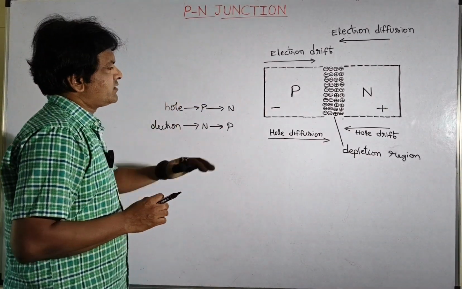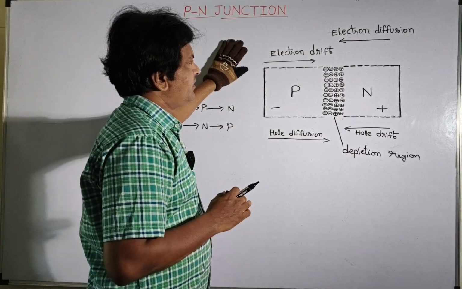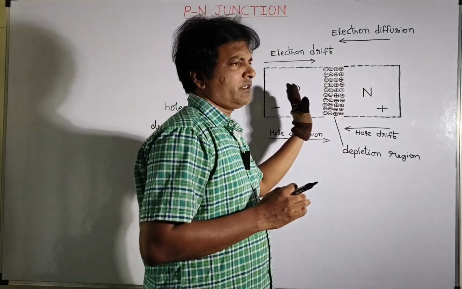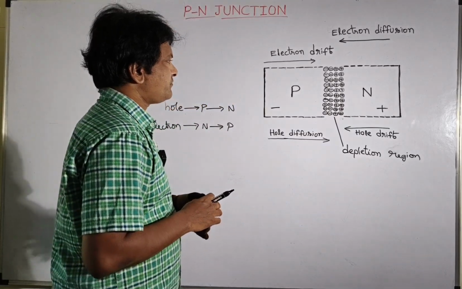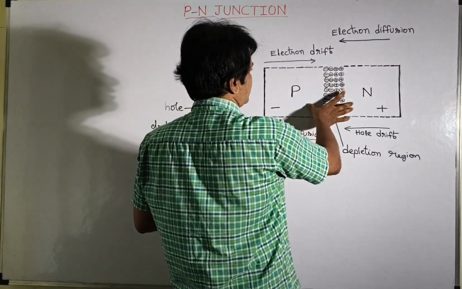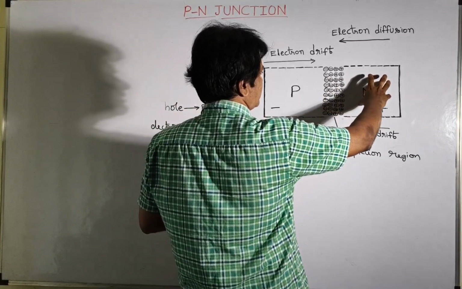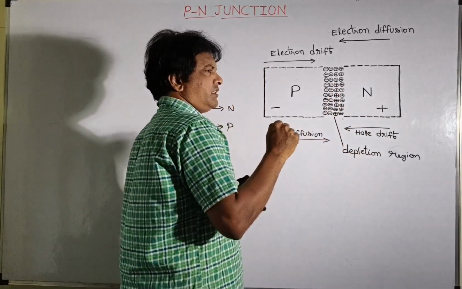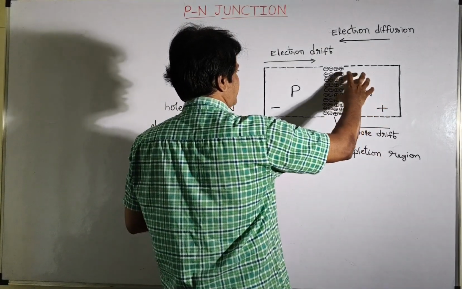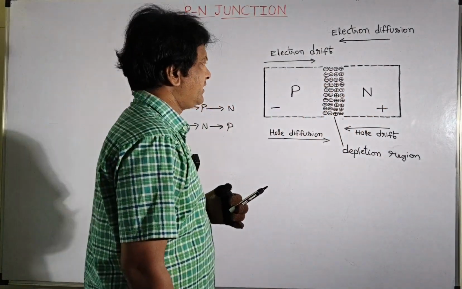And next, what happens with the diffusion current and drift current? Both are moving in opposite directions. After some time, see, once the diffusion current is complete, the diffusion process has come to an end. So the positive charge is accumulated here and the negative charge accumulated here.